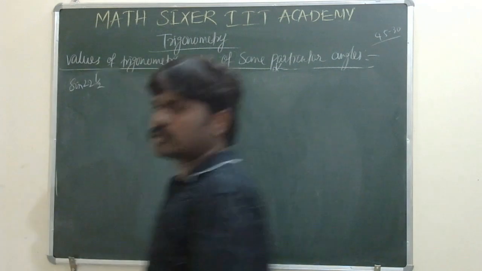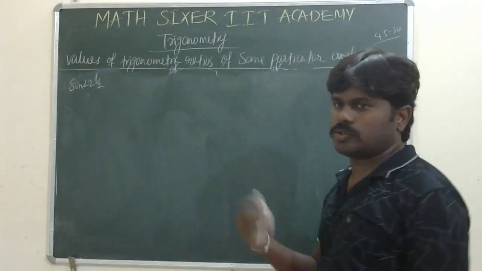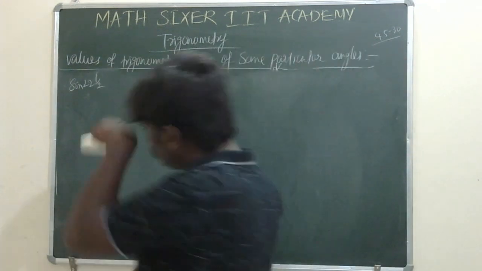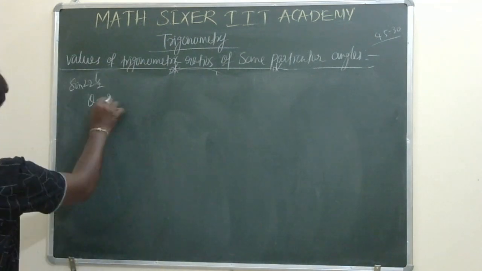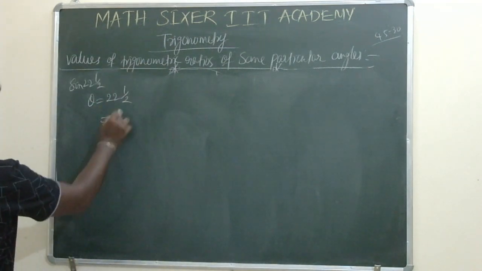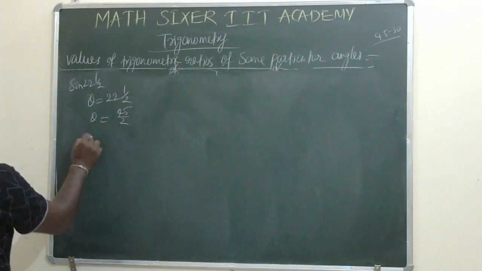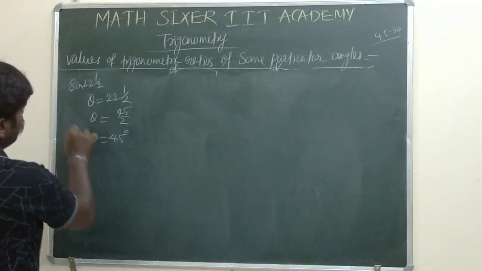So sin 22 by 2, cos 22 by 2 and also tan 22 by 2 values we will see now. So here I am taking theta is equals to 22 by 2. So here you can write 45 by 2. Theta is, so 2 theta is equals to what? 45.